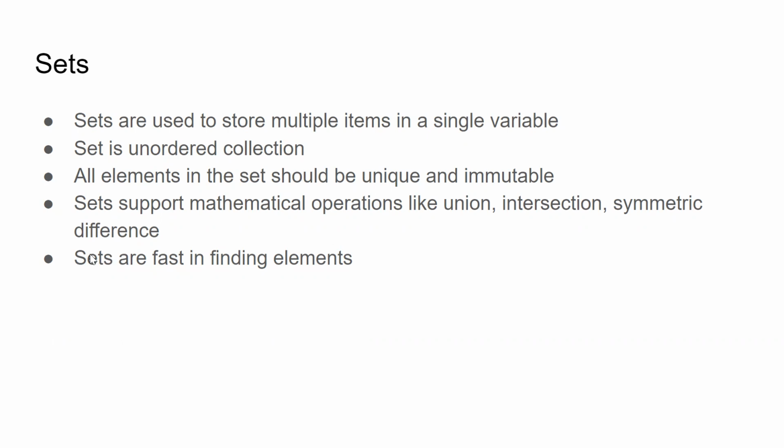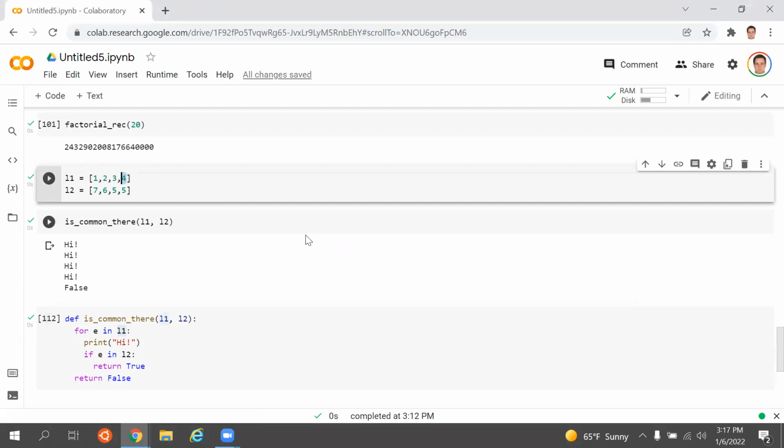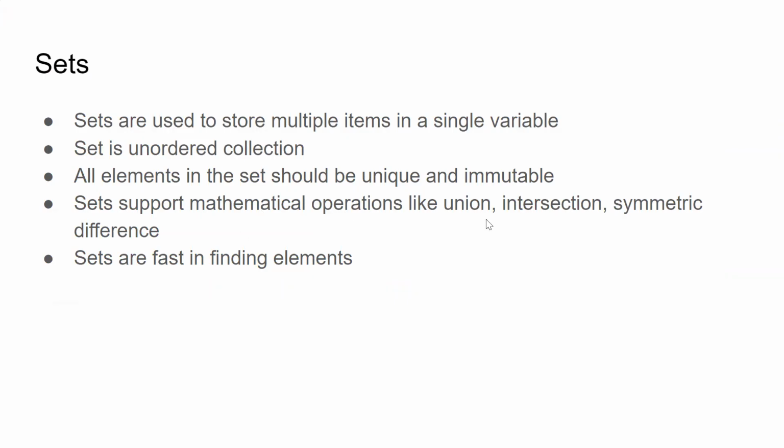Okay. And sets support all mathematical operations like union, intersection, symmetric difference. And what is good about them is that they are fast in finding elements. So imagine a list. To find an element in the list, you need to iterate. Suppose we have a list here, and to find if 4 is there, for a list we have to iterate from the beginning to the end. For sets, we don't have to do that. They have a theoretically proven technique that can do it very fast.